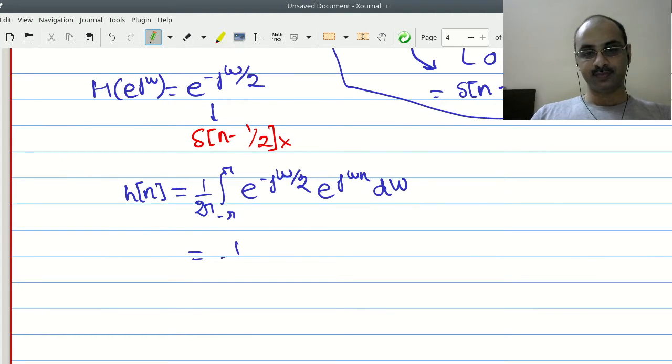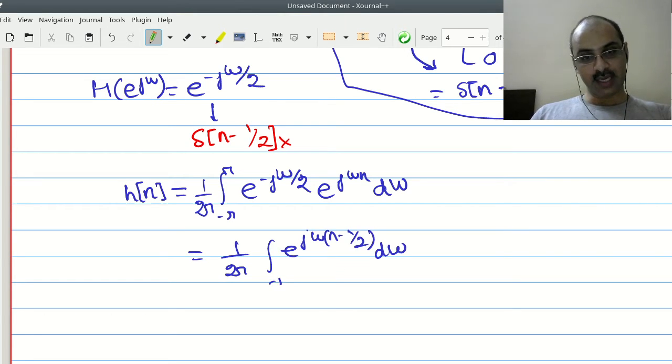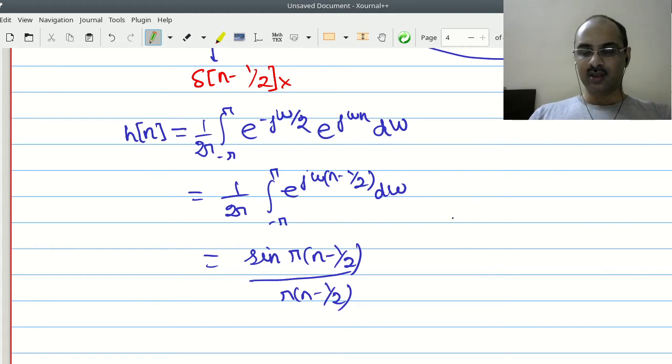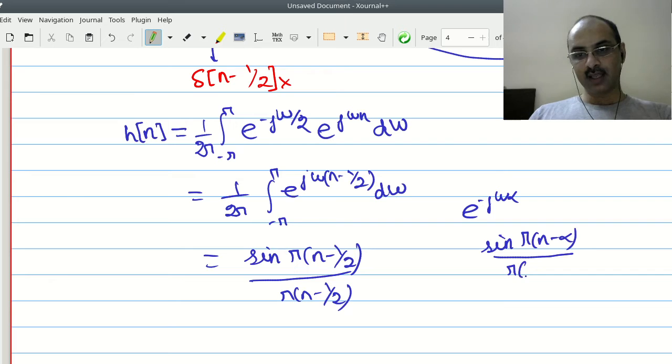This is equal to the integral of e power j omega (n minus half) d omega between minus pi and pi, and if you simplify this carefully, you will end up getting sin pi (n minus half) by pi (n minus half). In fact, for a more general case, if you do e power minus j omega alpha, you will get sin pi (n minus alpha) by pi (n minus alpha).